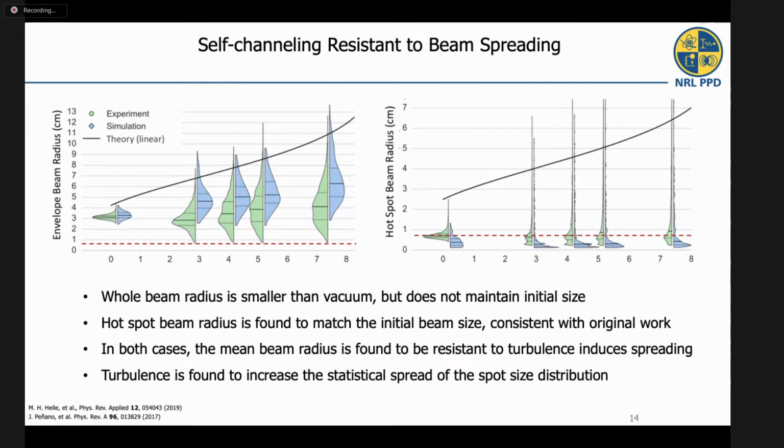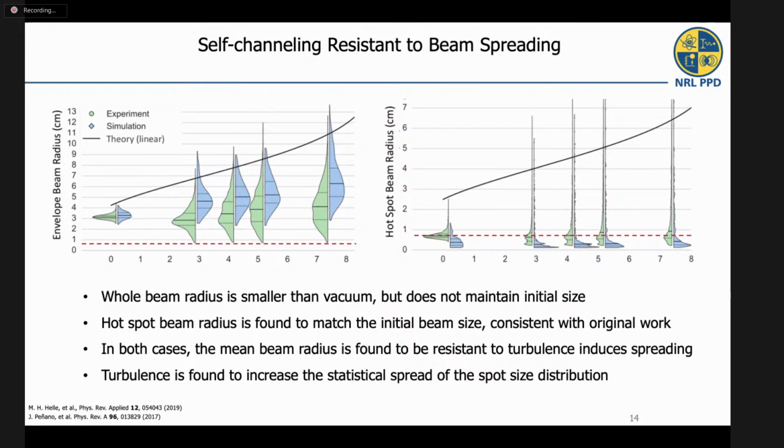Well, so one of the things that we did then, that's just looking at the whole beam, we did a hotspot analysis to see how that compared. And the reason for that is that while the beam is undergoing nonlinear self-focusing, the beam's temporal profile is Gaussian. So the front and the back of the pulse, where the instantaneous power is much lower, are not undergoing the same amount of self-focusing as the center of that temporal profile.